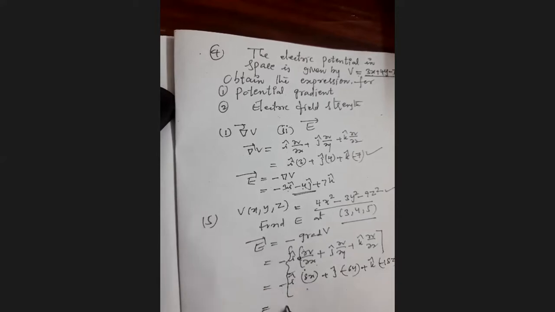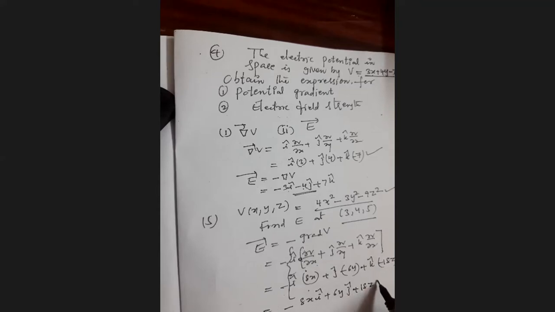Okay, that equals minus 8x i cap plus 6y j cap plus 18z k cap.